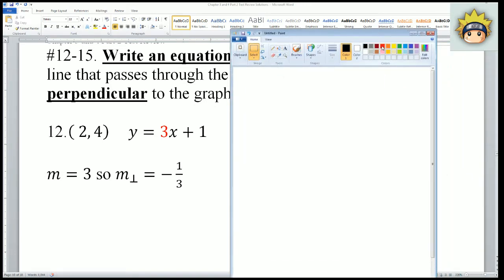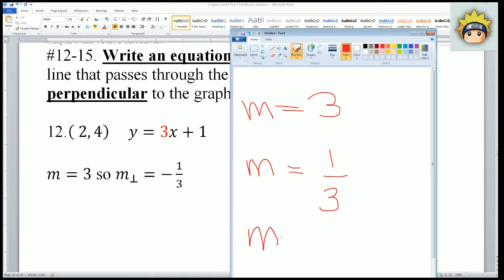My original slope is 3. To do the opposite reciprocal, I have to first flip it, so it becomes 1 over 3. Then I change the sign. This is a positive, so it becomes a negative. Do you see?